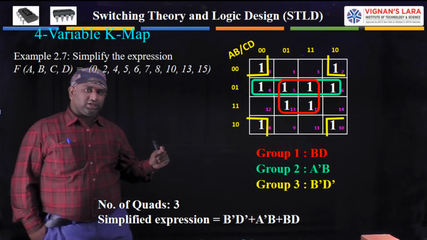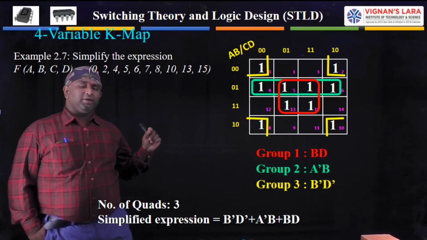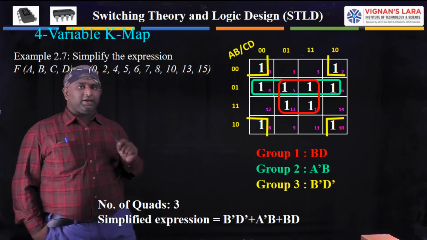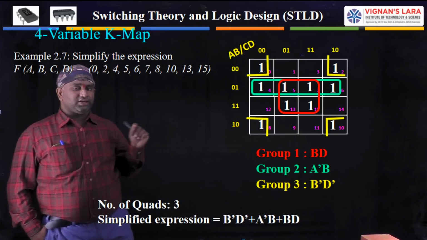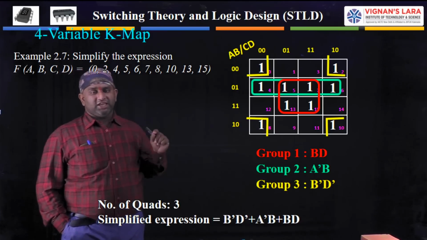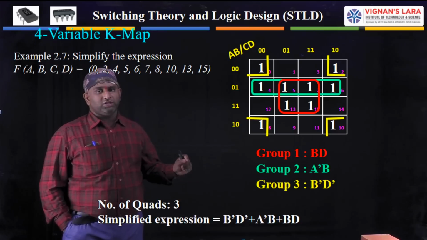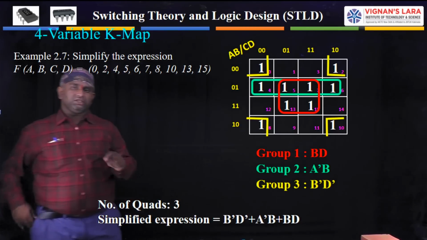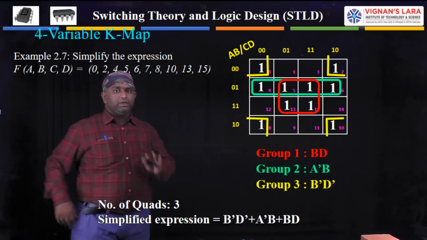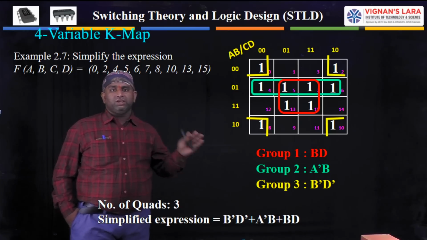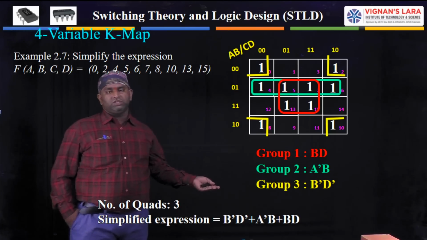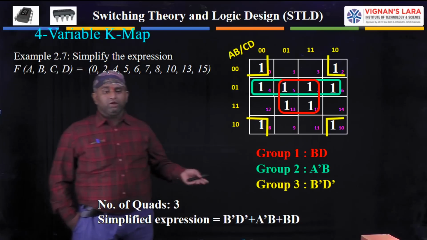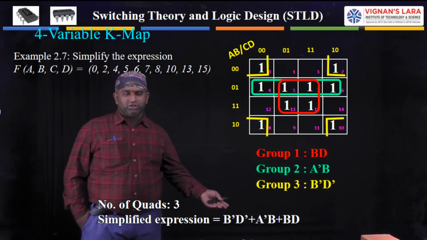You have to check whether you get the same output using different algorithms, and whether it is correct or not. The process we are using is the K-map, or you can use the tabulation method, but the answer should be the same for all the systems.